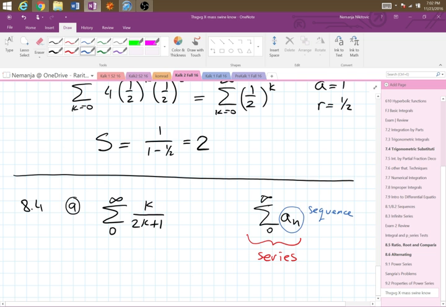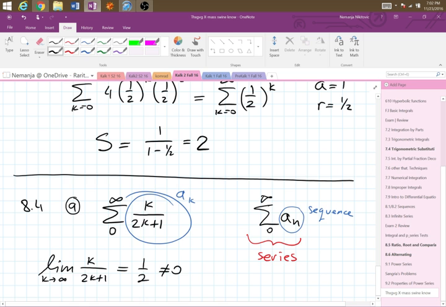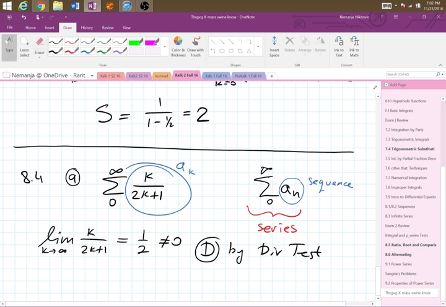This is your a_k. When you take the limit of this a_k, which is k over 2k plus 1, as k goes to infinity, the limit is 1/2, which is different than 0, which means divergence by the divergence test, or as Larson calls it, the nth term test.